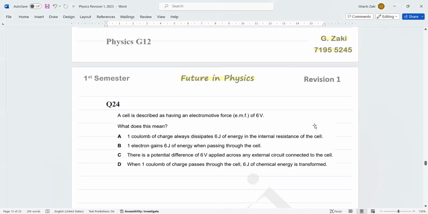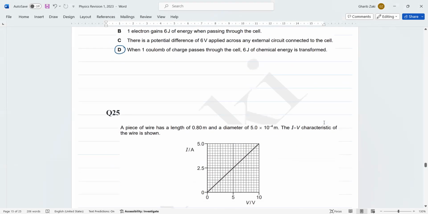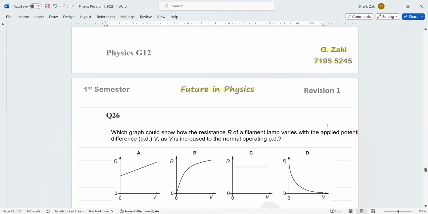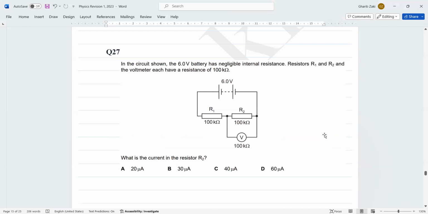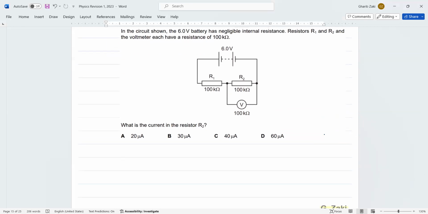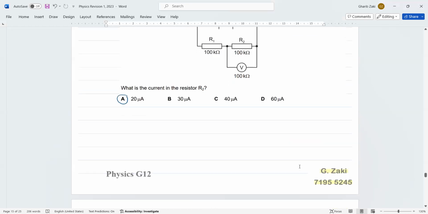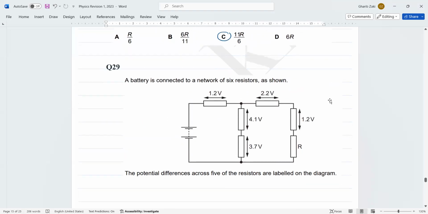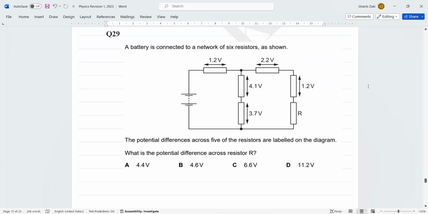Here, the answer of this one is part D. Number 25, the answer is part C. 26, the answer is part A. Last part, 27, the answer is A. This is a very important question, by the way, part C. All the multiple choice are very, very important questions and a little hard. So try, and if you have any doubt, I can solve with you. So the answer is A.